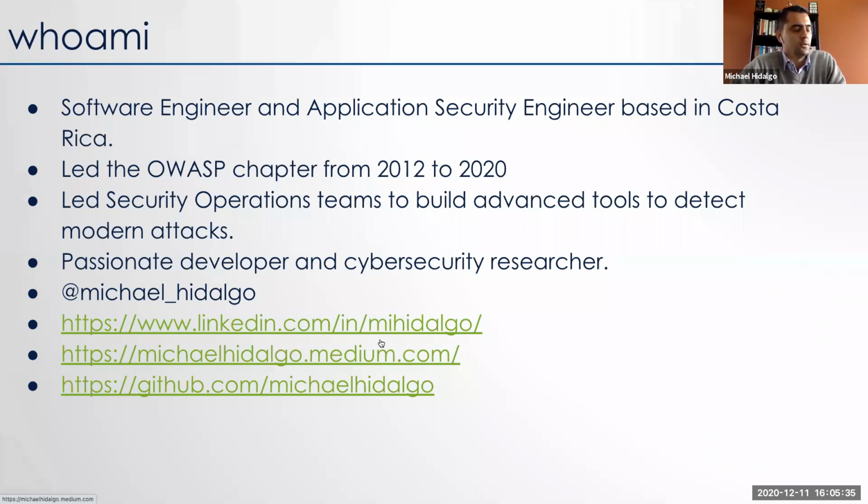I have also been involved in developing tools to detect advanced attacks, following the current state of cybersecurity and cybercrime. I have been very involved in applying techniques such as machine learning and all the novel technologies out there to detect cybersecurity attacks, specifically to protect small and medium companies around the world.